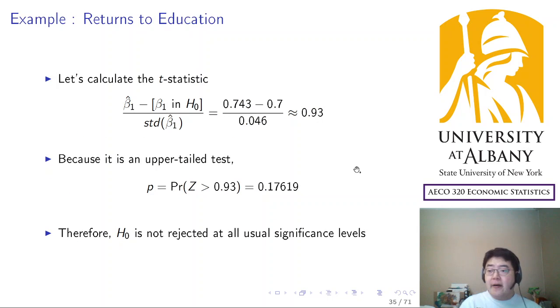So this is it for now. In this lecture, I introduced what the regression model is, and it's super important. I tried to motivate the importance of the regression model. I gave you some examples, and then I showed you how to implement regression estimation in Excel.